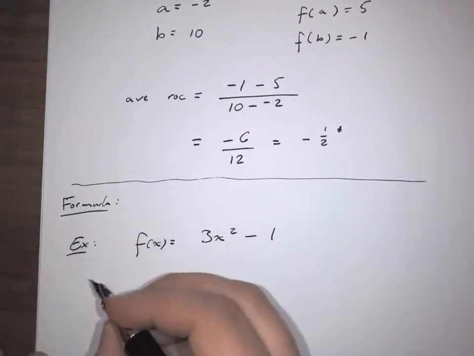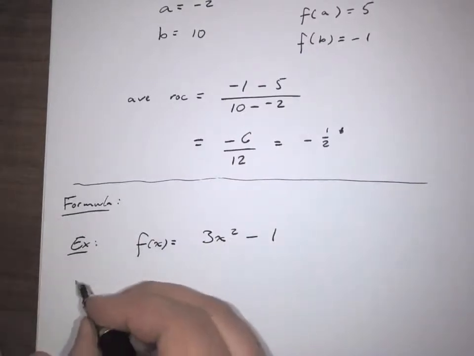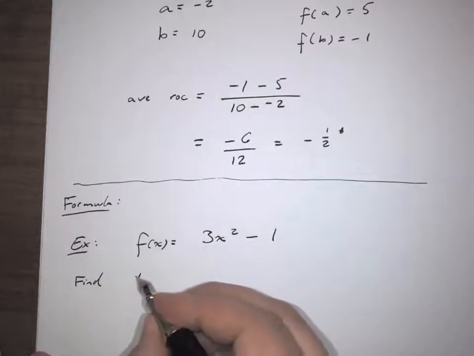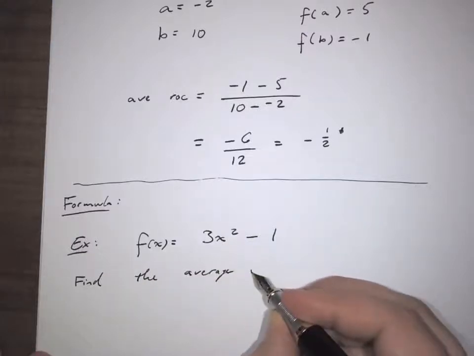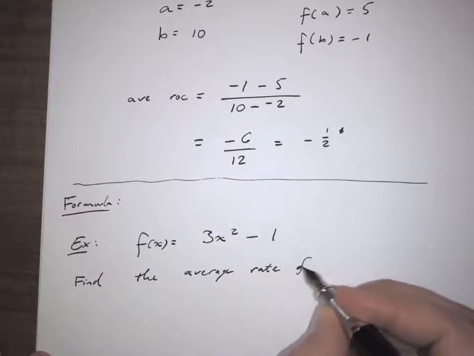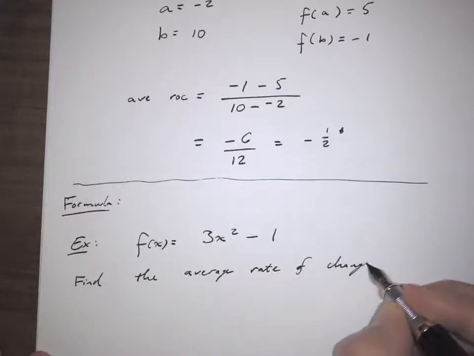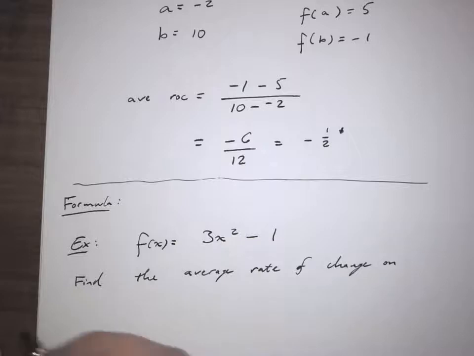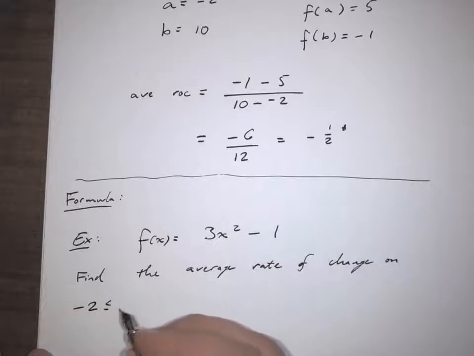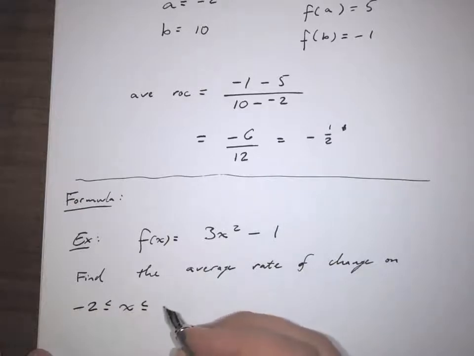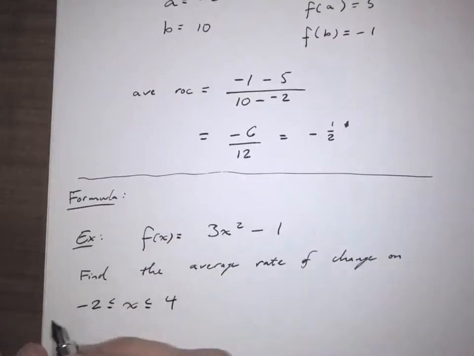And we are wanting to find something like the average rate of change on, and then we need an interval, let's say negative 2 less than or equal to x less than or equal to 4. So here we've got yet another way of wording what is basically the same problem.